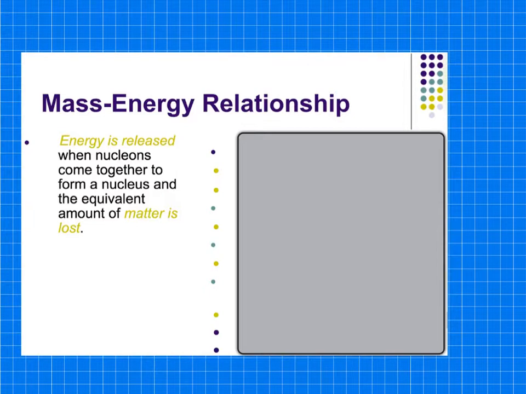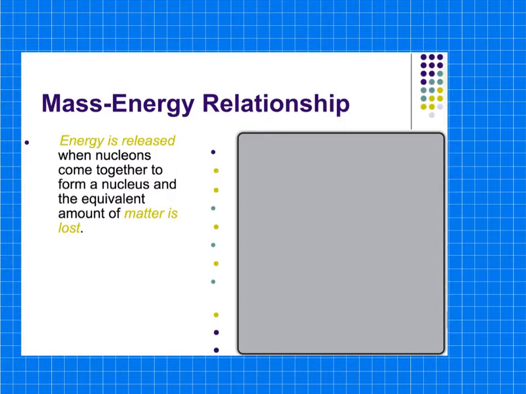That makes sense. Like when two objects collide and fuse together, we might lose some of the mass to energy. And that's what happens when the protons and neutrons come together to form a nucleus. So how much mass are we losing?